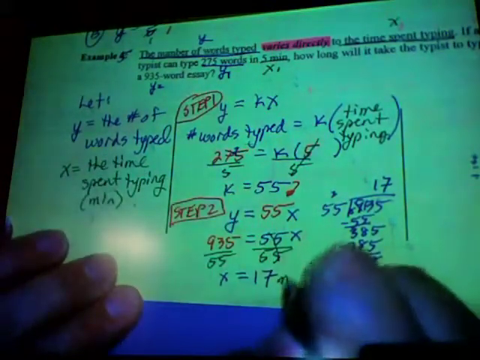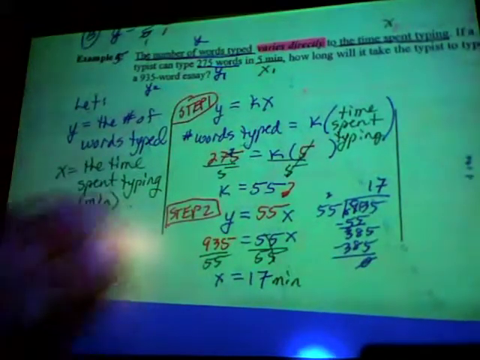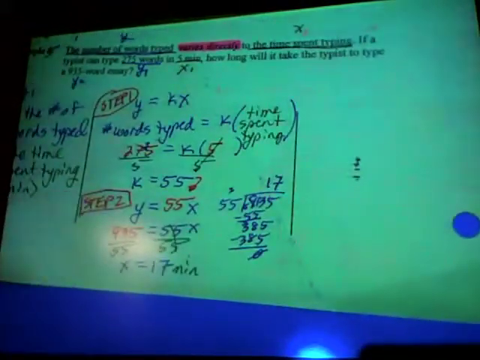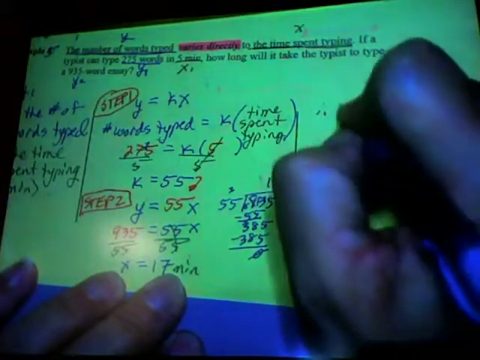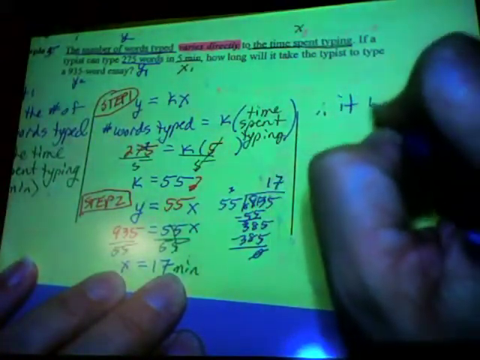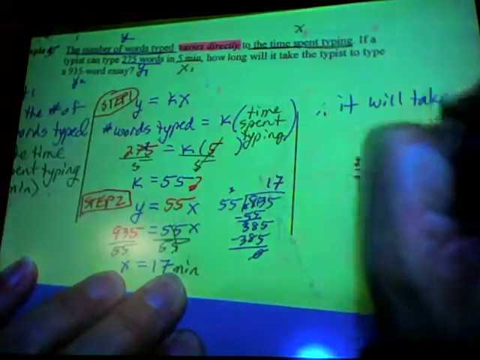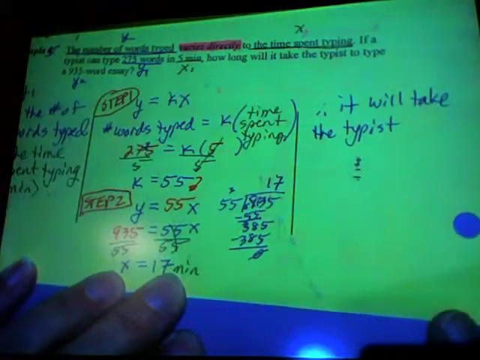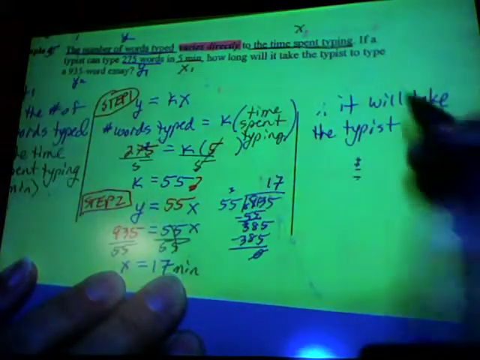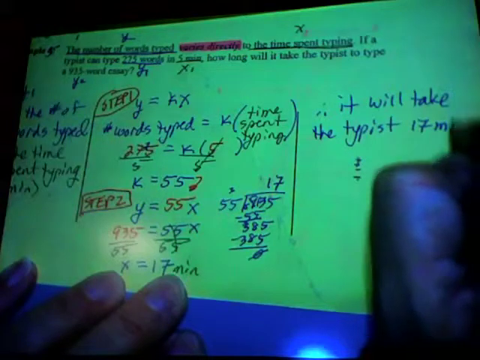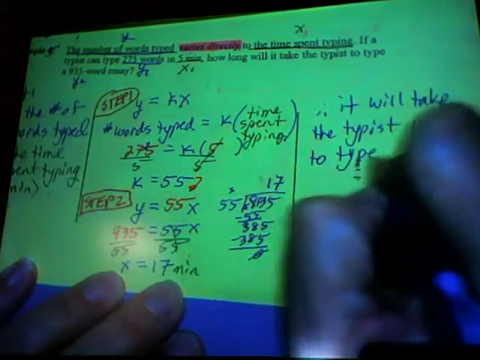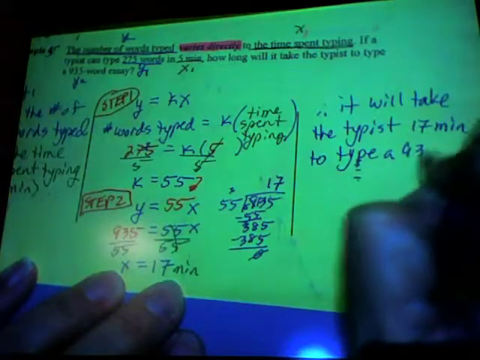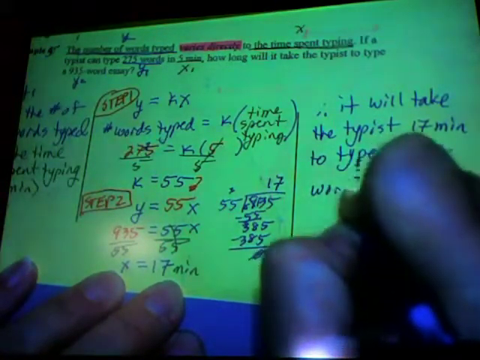So what's your therefore statement going to say? Therefore, it will take the typist, because we're going to rewrite that question as an answer, 17 minutes to type a 935 word essay.